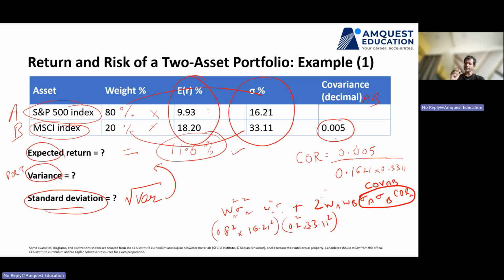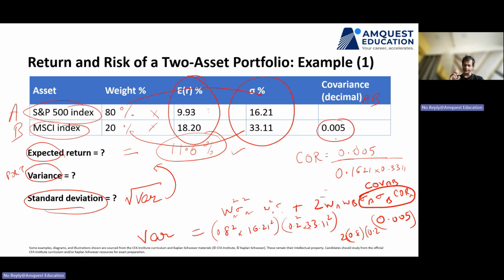So instead of solving this again, you could simply say, I replace it with 0.005. So in the exam, if they give covariance, do the shortcut, you won't have time. And this obviously is 2 into 0.8 into 0.2 into 0.005. So that's your relationship. This is your answer for variance.